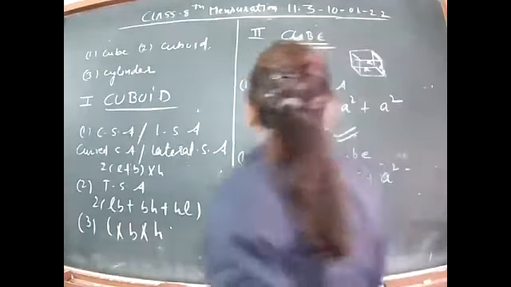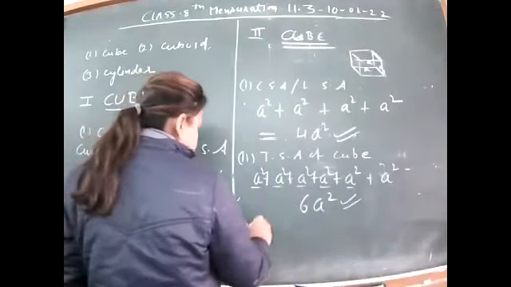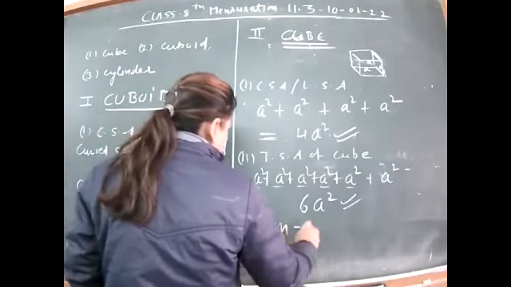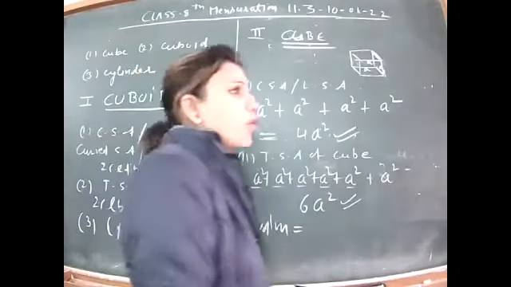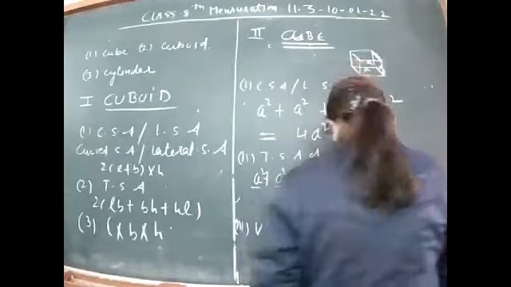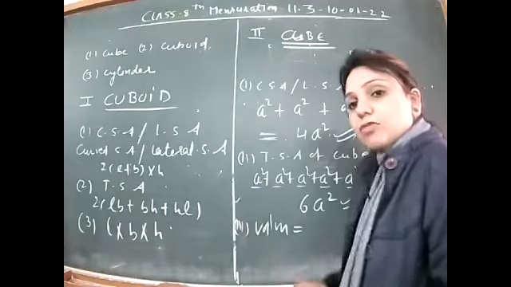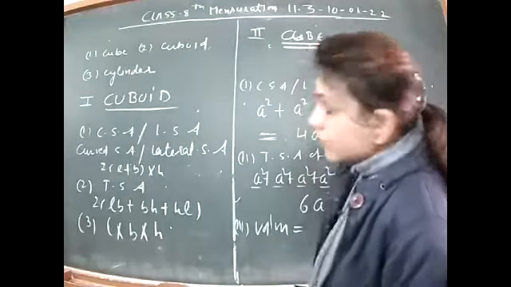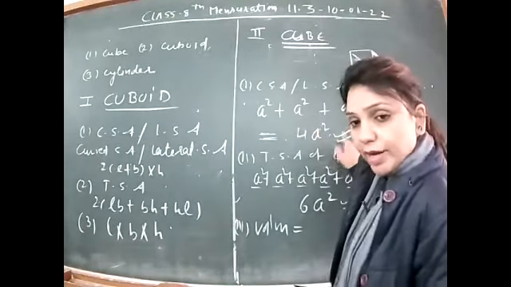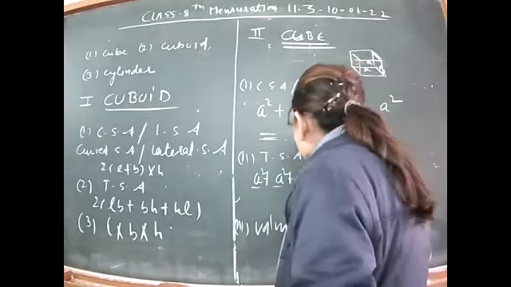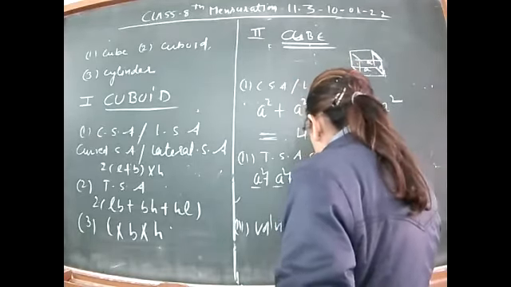Right? Now come to volume, third. If we are talking about volume of cube, then again the same concept is working behind. Just as curved surface area is perimeter of the base into height, similarly, volume is equal to area of base into height.